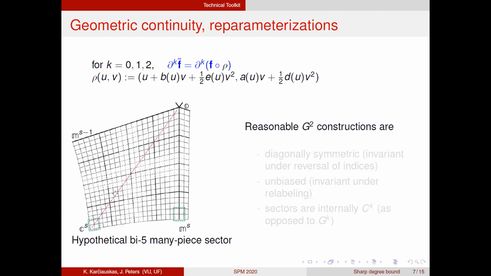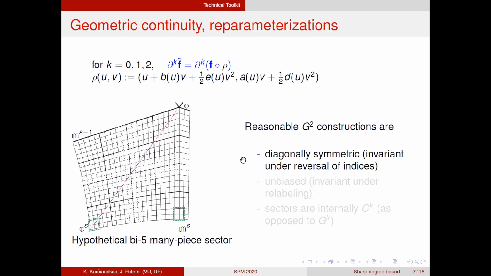Now, we will only look at reasonable constructions. And what does reasonable mean? Reasonable means that if I have a construction formula for one of these coefficients here with a subscript ij, and I look at its counterpart ji across this diagonal, then I should get the formulas for constructing ji by taking the formulas for ij and replacing every i with j and every j with i.